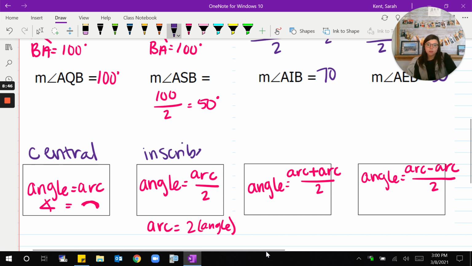Inscribed angles, there's only one arc, so we take that arc and divide it by 2. An interior angle means the angle is inside the circle. You have 2 arcs, you add them together, divide by 2. And lastly is an exterior angle. Again, you have 2 arcs. This time the angle is outside of the circle, so we'll subtract those 2 arcs and divide by 2.